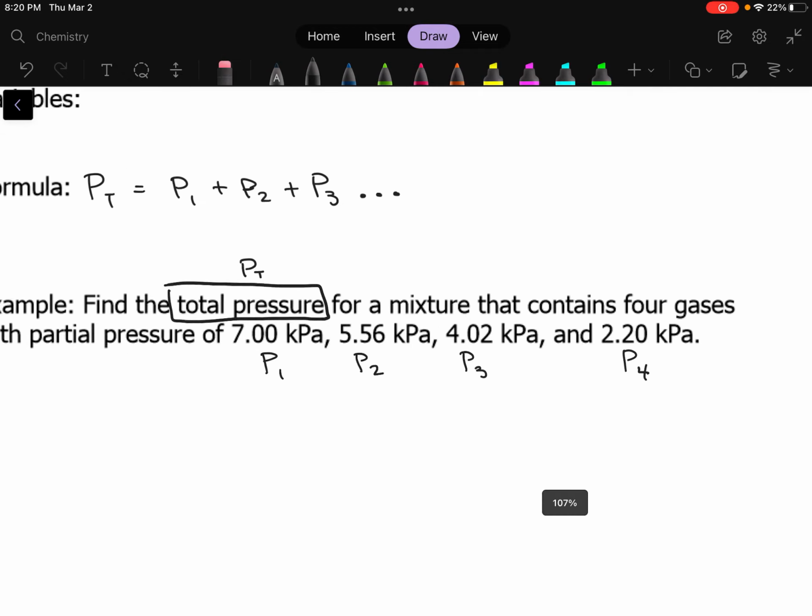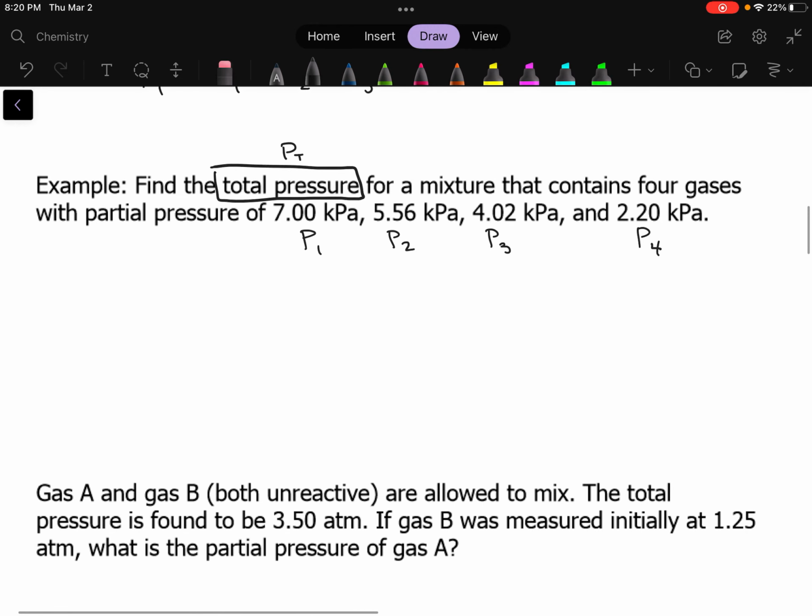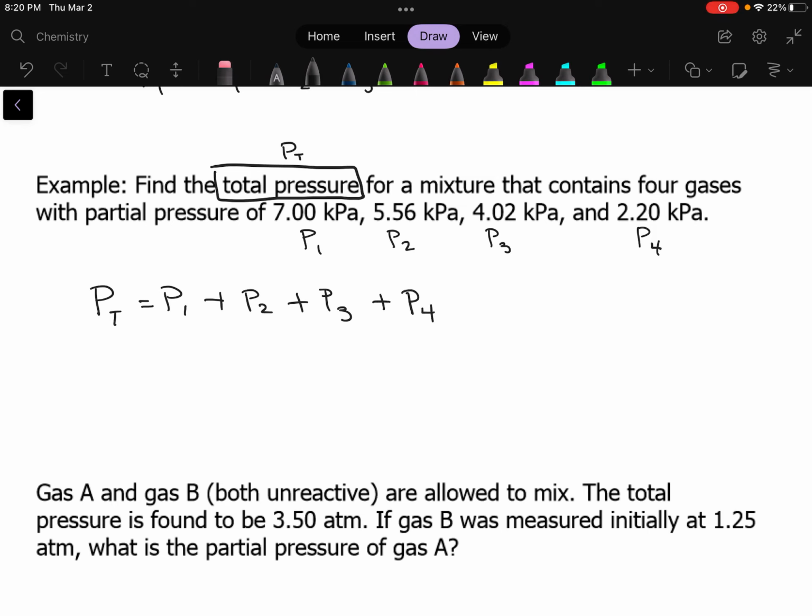So for this problem, we're going to have a formula of PT equals P1 plus P2 plus P3 plus P4.